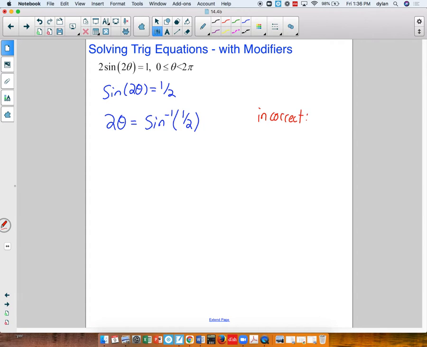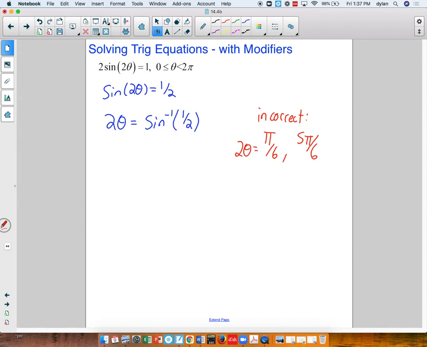The next thing you would do is take the sine inverse of 1/2, and you would think to yourself, okay, on the unit circle, 1/2 occurs for sine at pi over 6 and 5 pi over 6. So we would say 2 theta equals that.